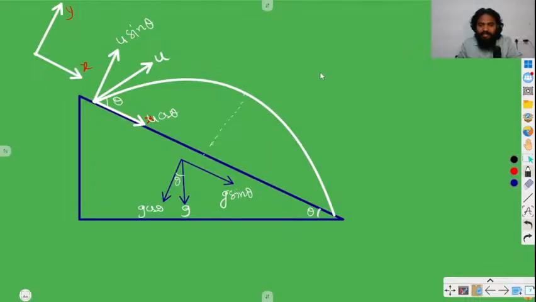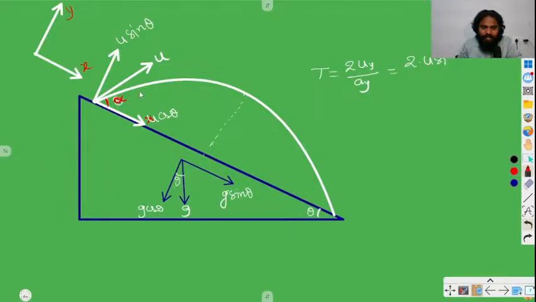Time of flight is 2uy by ay, right? Here it is theta, here is theta, then you will get confused, so you consider this as alpha.